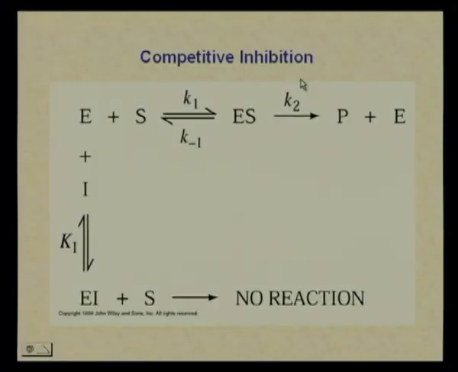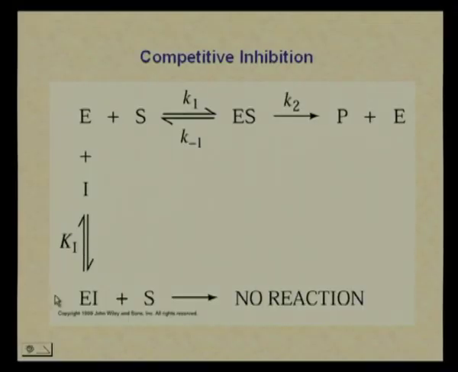So, for competitive inhibition, if the inhibitor is sitting in the same site that the substrate is sitting, for example, you are sitting in a chair, somebody else cannot occupy the same chair, as simple as that. So, the inhibitor is sitting in the enzyme pocket where the substrate is supposed to be. Okay? So, that is exactly why it is acting as an inhibitor.